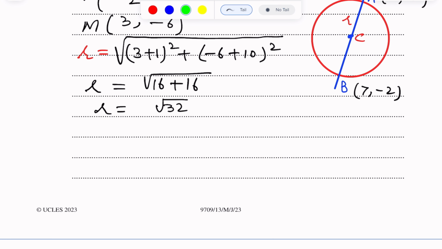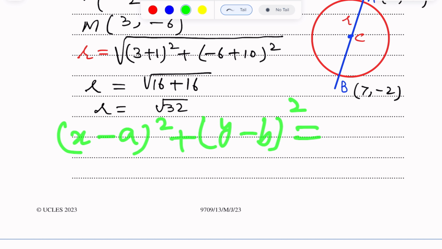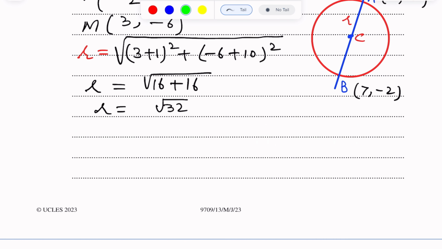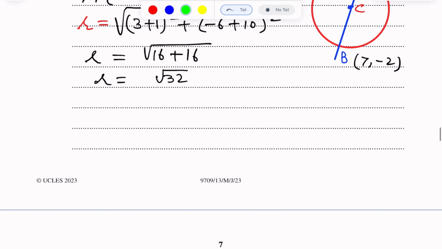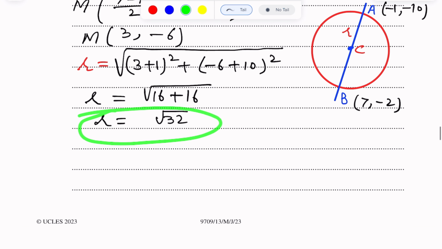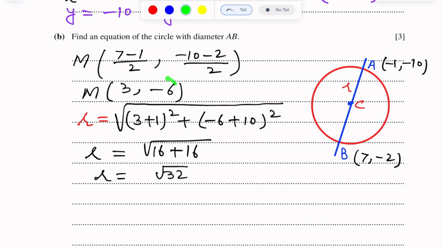Now the equation of a circle is (x − a)² + (y − b)² = r². This is the general equation of the circle, where a and b are the coordinates of the center and r is the radius. So the radius is the square root of 32 and the center of the circle is (3, −6).